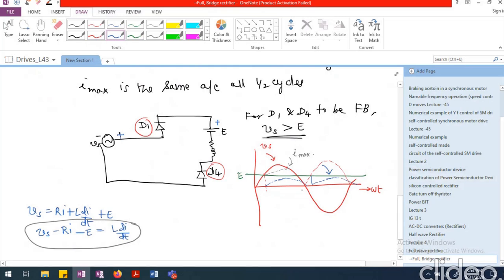So in this particular case, we are seeing again, we may have only part of the voltage appearing across the load. Overall, we may not get the entire voltage, of course, because E is also there. So what we will actually see is this will be the kind of voltage we will be seeing.